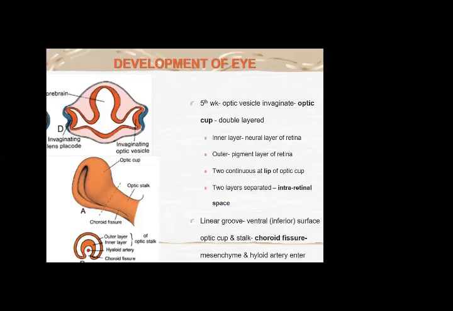The inner layer develops into the neural part of the retina, and the outer layer develops into the pigment part of the retina. The neural part is that part which has all the neurons of the retina. That is why it's called the neural part.